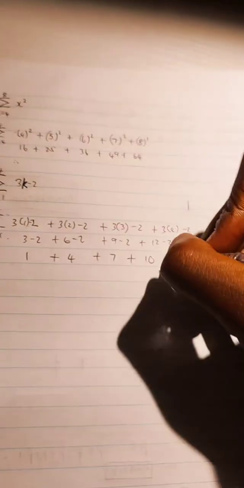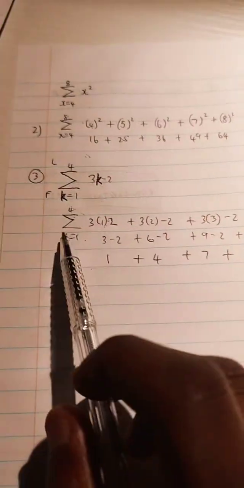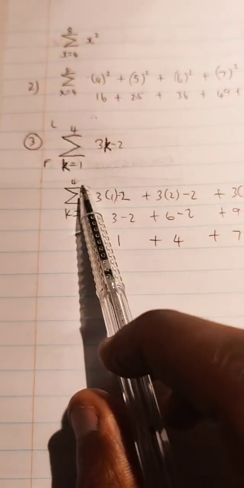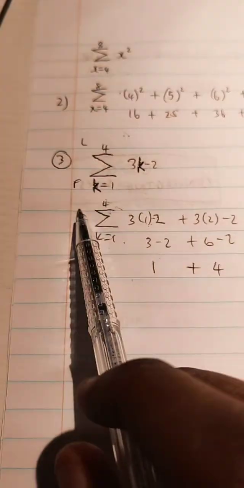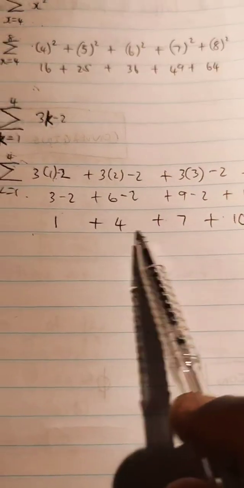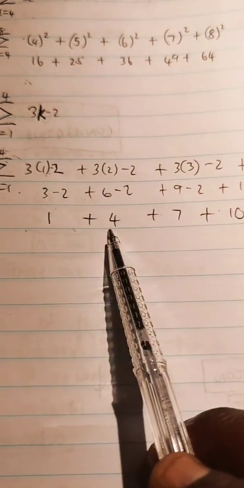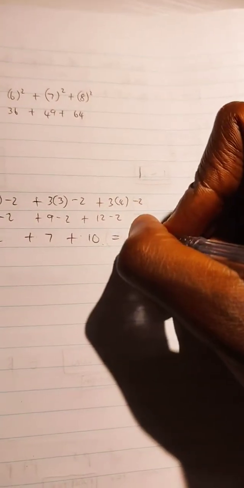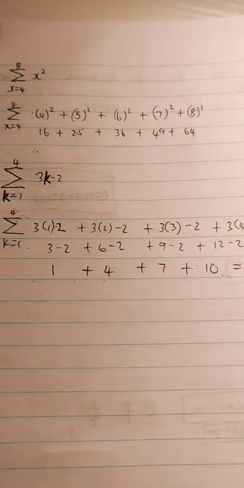Okay. And of course, guys, remember, what's the whole objective of this thing? We need the sum of these terms, all of them. So 1 plus 4 plus 7 plus 10, you could ultimately add all 4 terms. And what is the answer? What's 1 plus 4? 5. 5 plus 7? 12. 12 plus 10? 22.